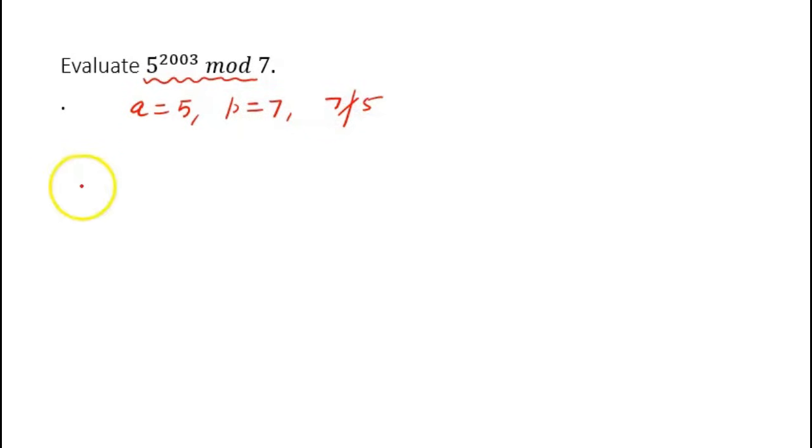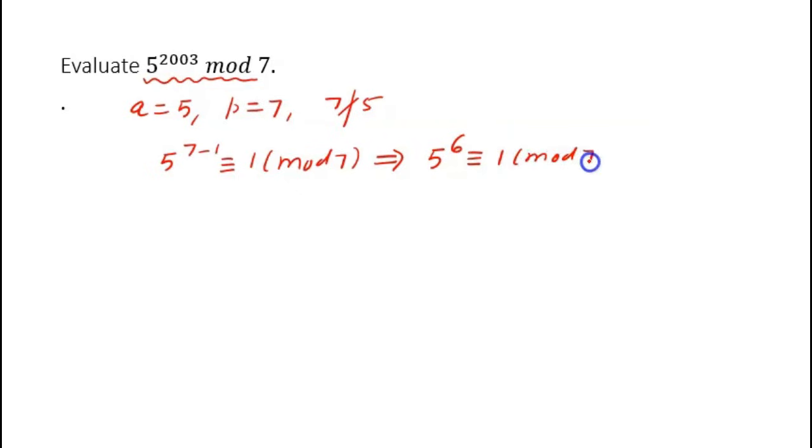So all the requirements of Fermat's little theorem are fulfilled. So using that, I can write 5 to the power 7 minus 1 is congruent to 1 modulo 7. So this gives me 5 to the power 6 is congruent to 1 modulo 7.